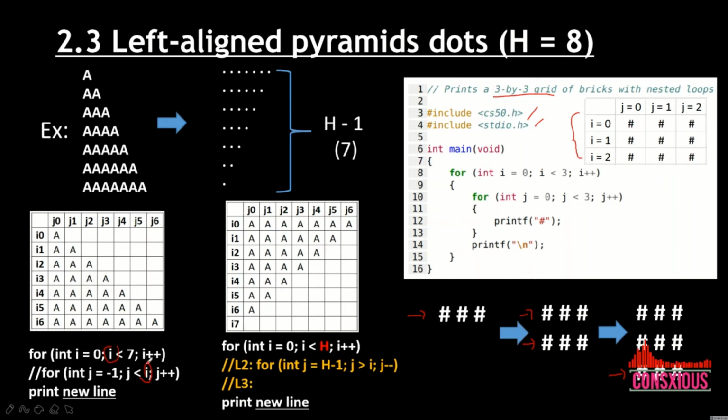You can see this loop here, j equals -1, j is less than i. For example, for the first row, i is equal to 0, so j equals -1. -1 is less than 0, it's correct, that's why we print 1 here. If i equals 1, j is -1, is -1 less than 1?